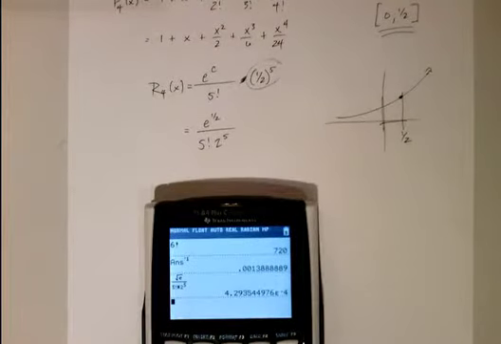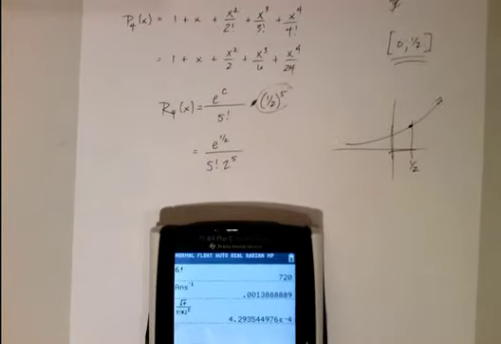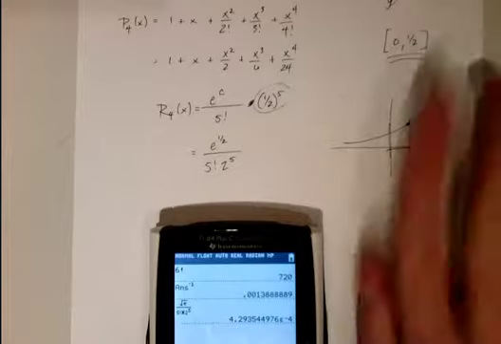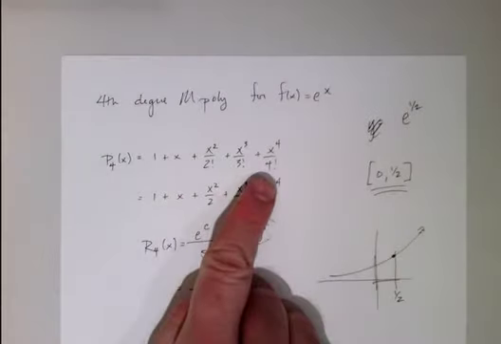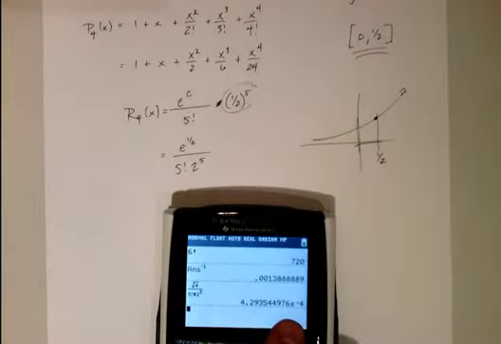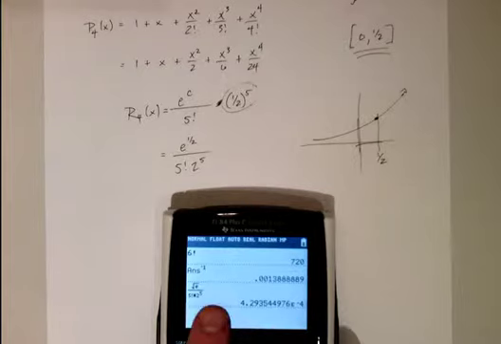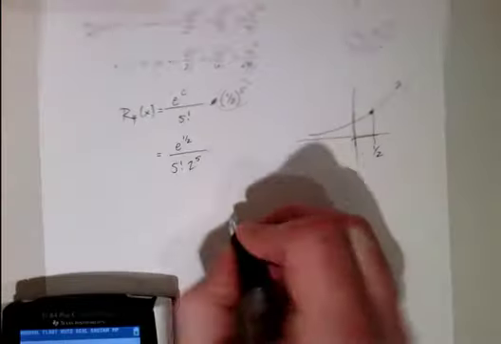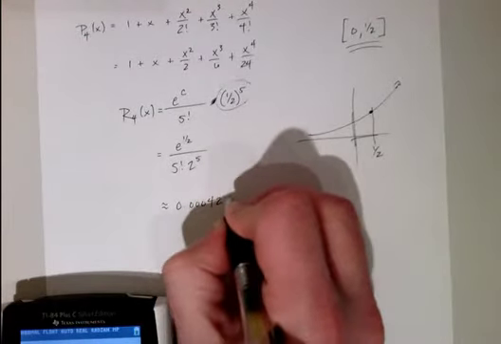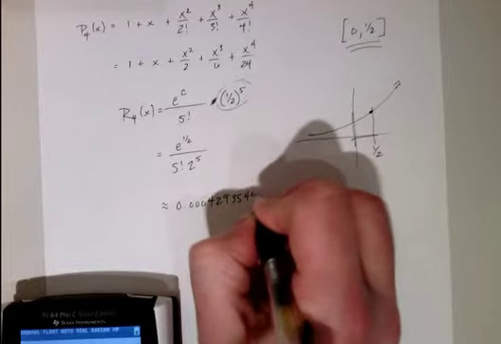So basically what that's saying is that the maximum error that you can possibly have for e to the 1/2 being approximated by this 4th degree polynomial is about 0.0004293544.